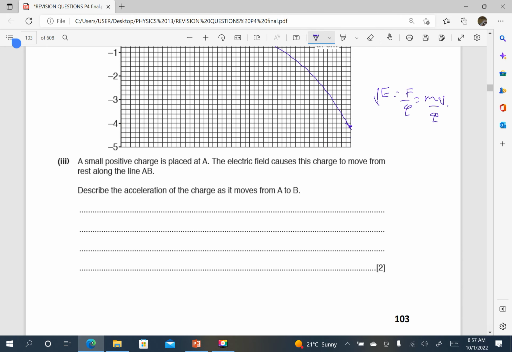So we can say acceleration decreases to zero at the midpoint, then it increases in the opposite direction.